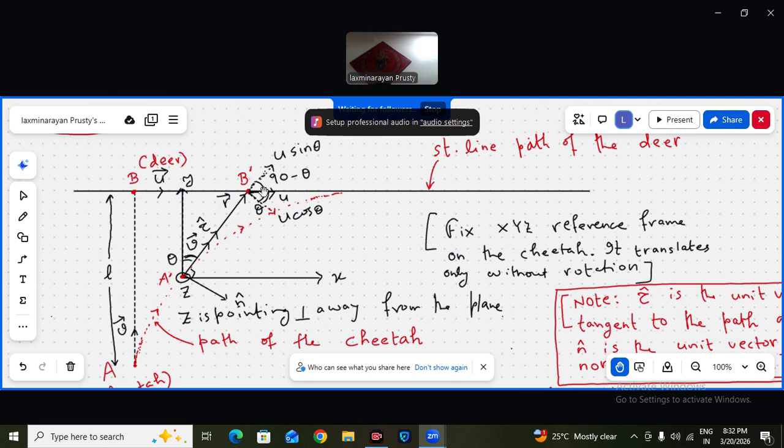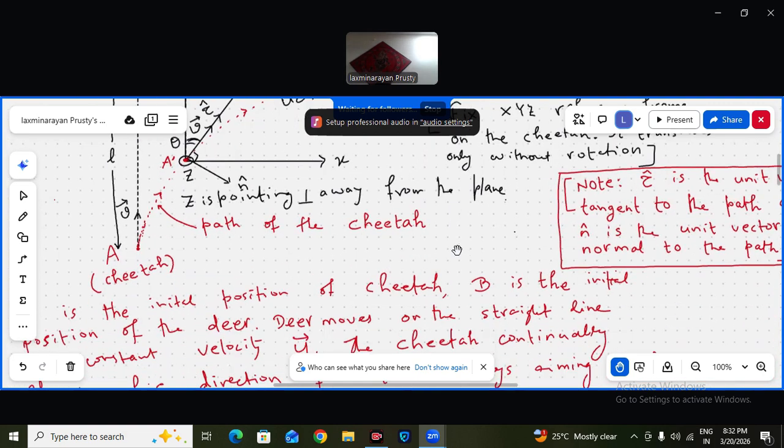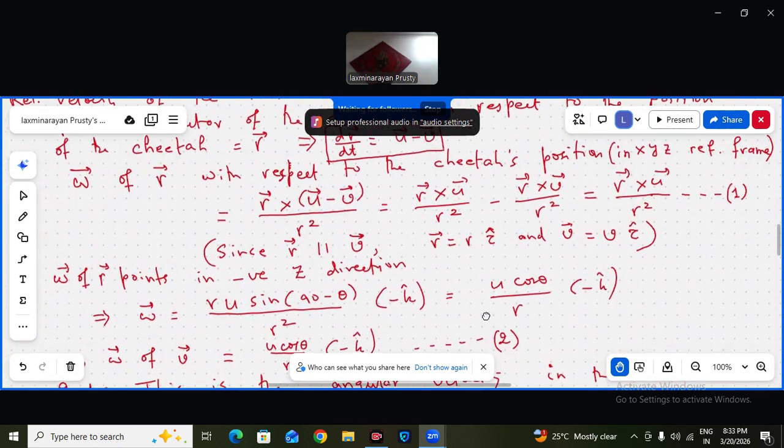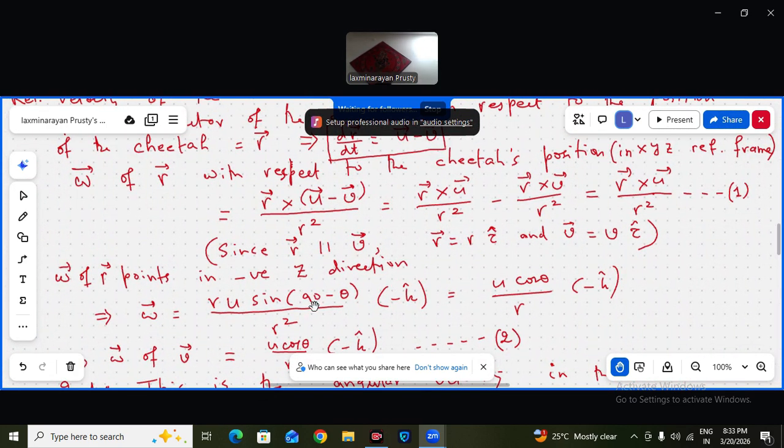R bar cross u bar will involve the angle 90 minus theta. This is theta, then this is theta, and this is 90 minus theta. Theta is the angle between the r bar and the y-axis. So r bar cross u bar will be r u sine of 90 minus theta, by r square.